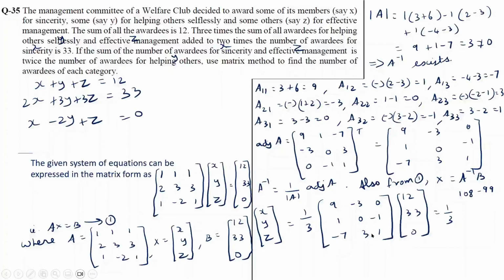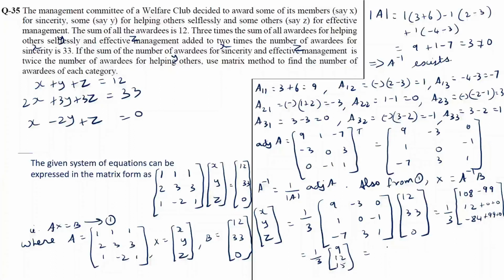Then 12 plus 0 plus 0, and then minus 7 into 12 minus 84 plus 99 plus 0. So this is equal to 1 by 3 into 108 minus 99, which is 9, and then 12, and minus 84 plus 99 is 15.